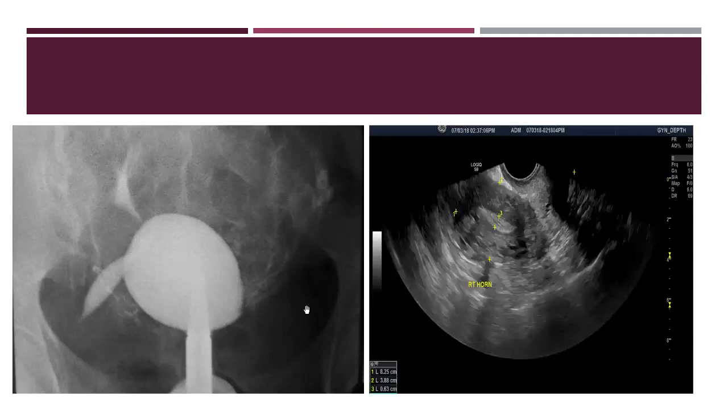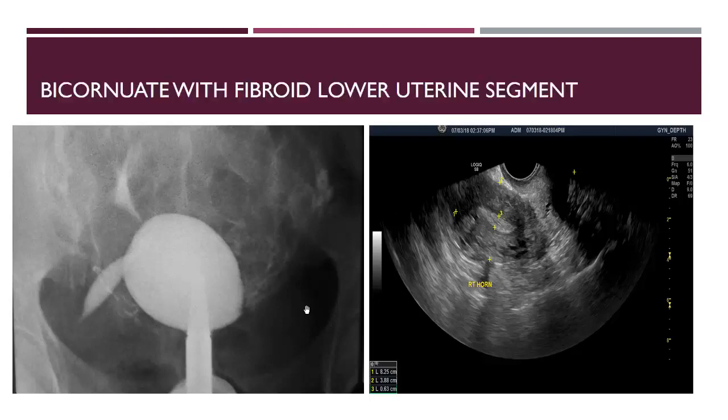This is the right horn of the uterus. So we have bicornuate uterus with a fibroid in the lower uterine segment. When the fibroid is subserous in location, it makes the cavity as if it is compressed from posterior to anterior. So it appears as if it is large in size, but it is just compressed with the contrast delineated over it.